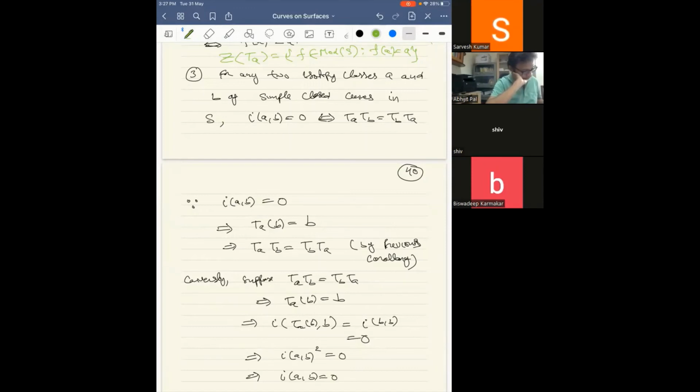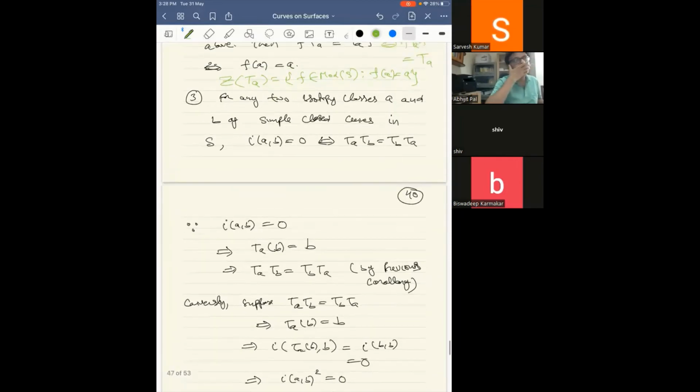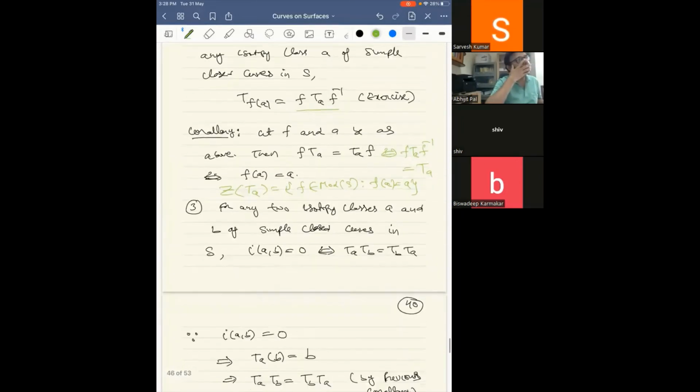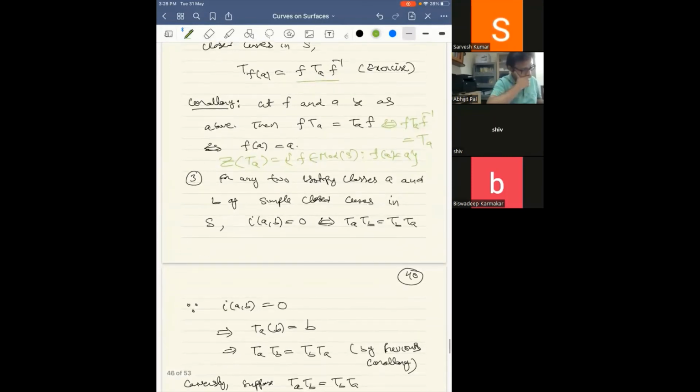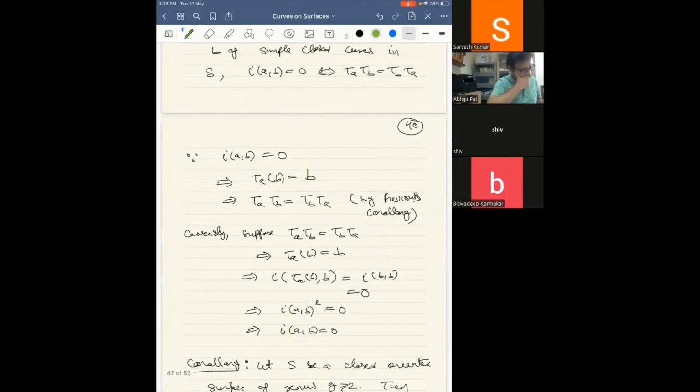Then by the definition of a Dehn twist, T_A acts upon B trivially. By the previous exercise, when f preserves A, f commutes with T_A. So take f equal to T_B here. The action of T_B on A is trivial, so this is just A. So T_A commutes with T_B.